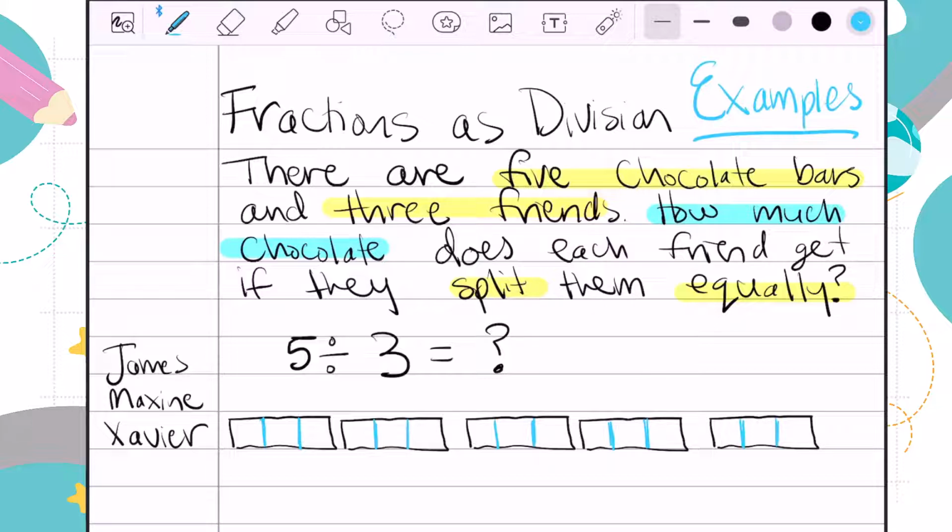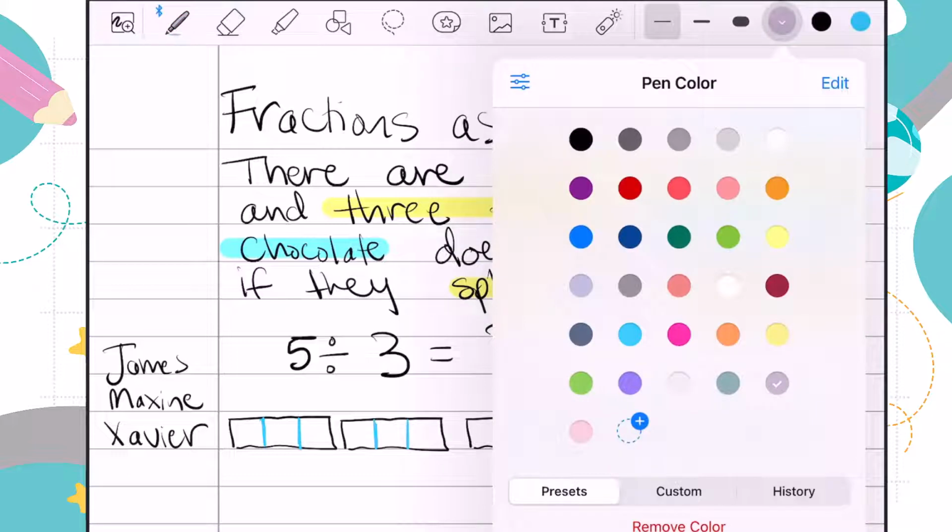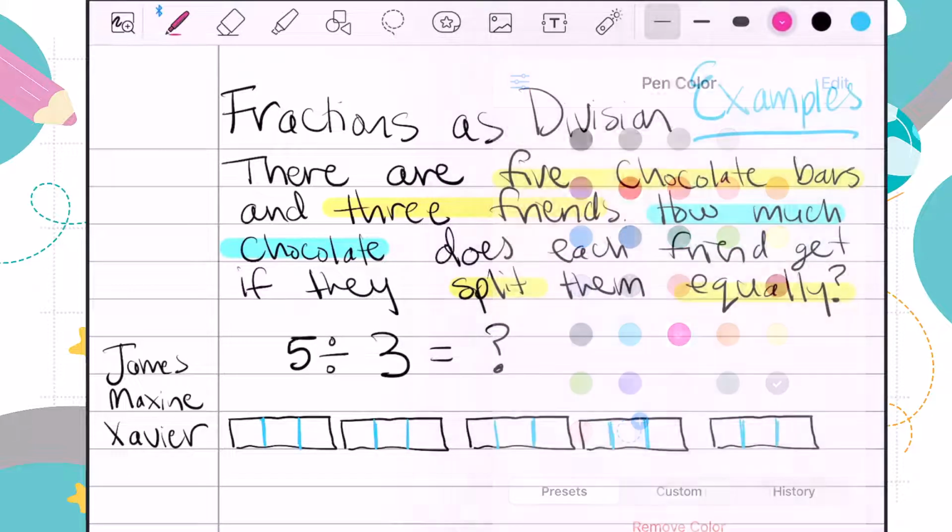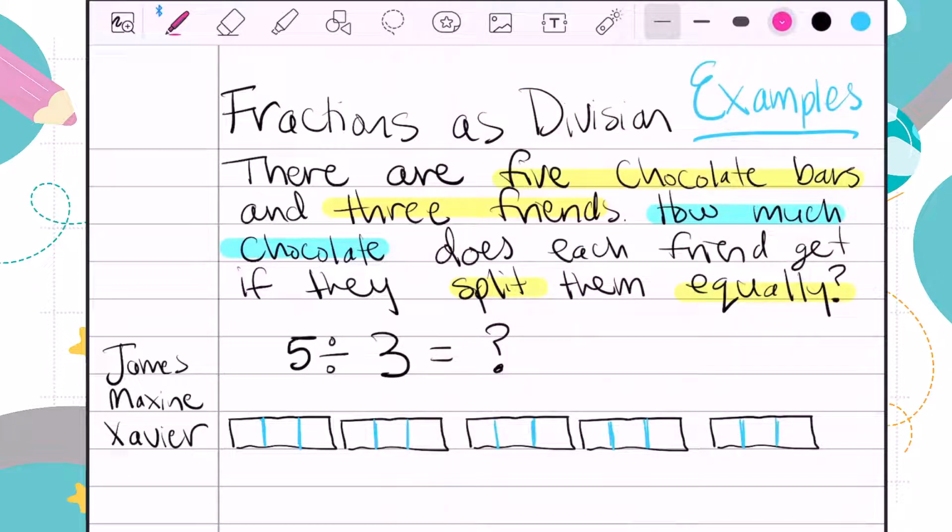Then I want to see how much each person gets. So I'm just going to label the section with their first initial. J for James, M for Maxine, and X for Xavier. And I'll do that for all 5 chocolate bars because there are 5 chocolate bars and 3 friends, and we're splitting them equally.